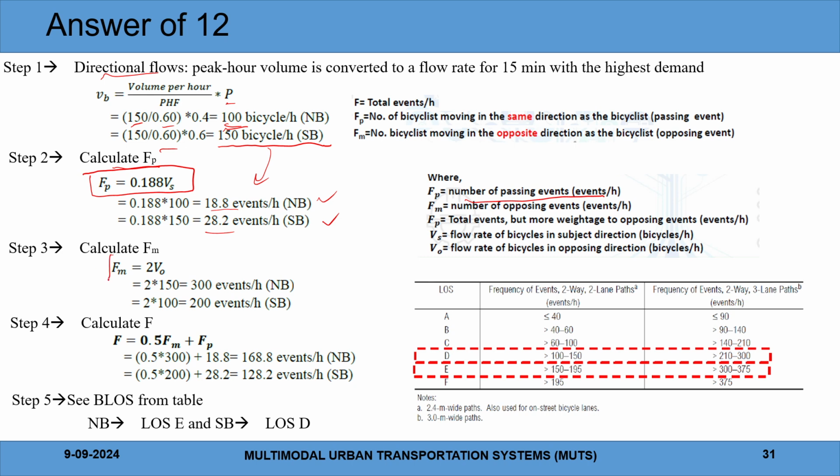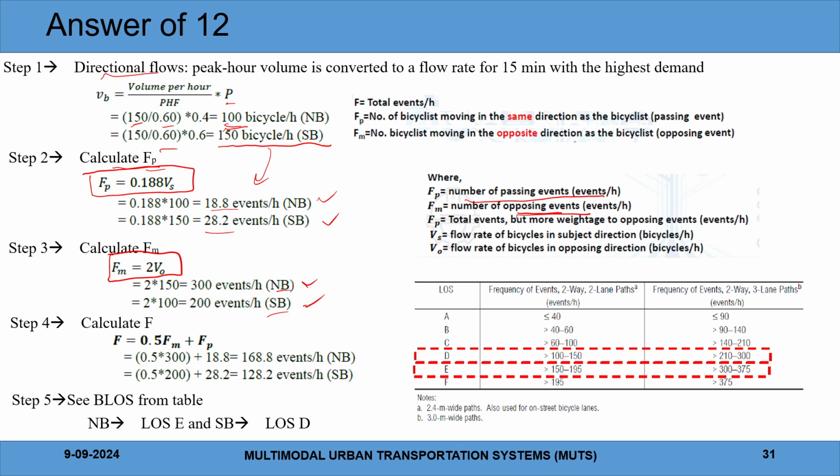Then we need to calculate FM, that is the number of opposing events, meaning the vehicles coming opposite from the sides of the bicycle. So here we will get these values for northbound and southbound.